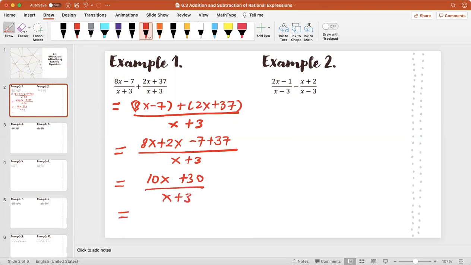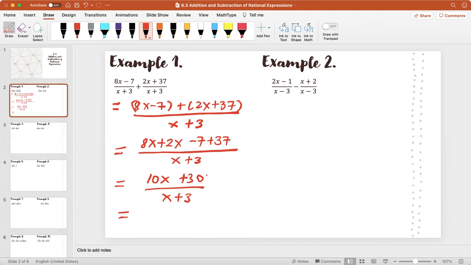After adding your numerators, let's see if we can factor. We look at the greatest common factor method, factoring by grouping, quadratic trinomial, or special factoring, whichever is applicable. But looking at our numerator, it's 10x plus 30.